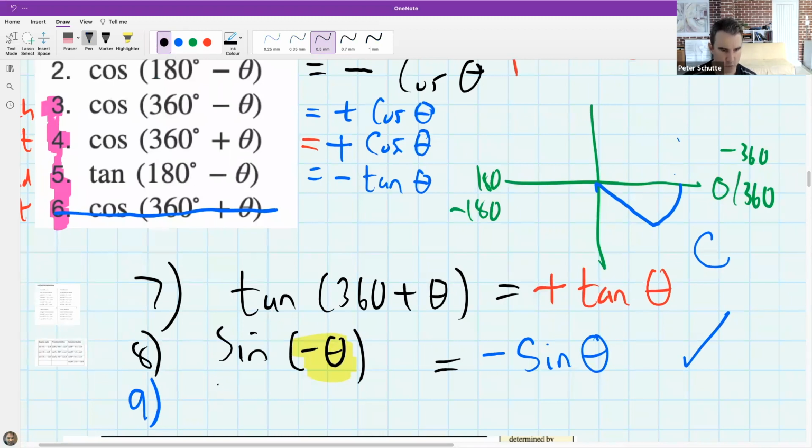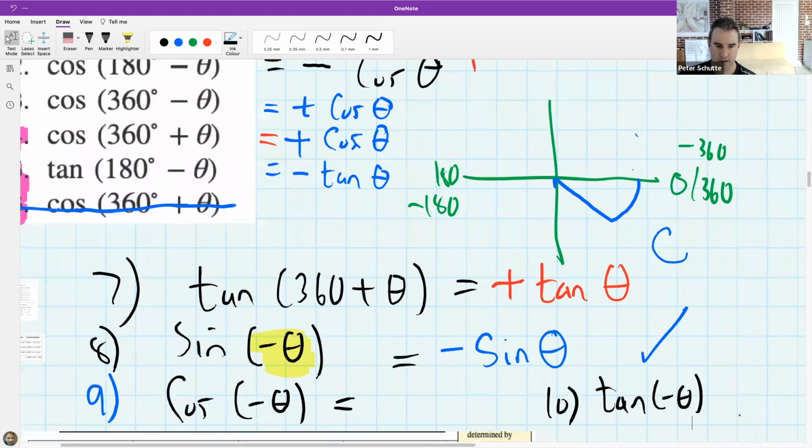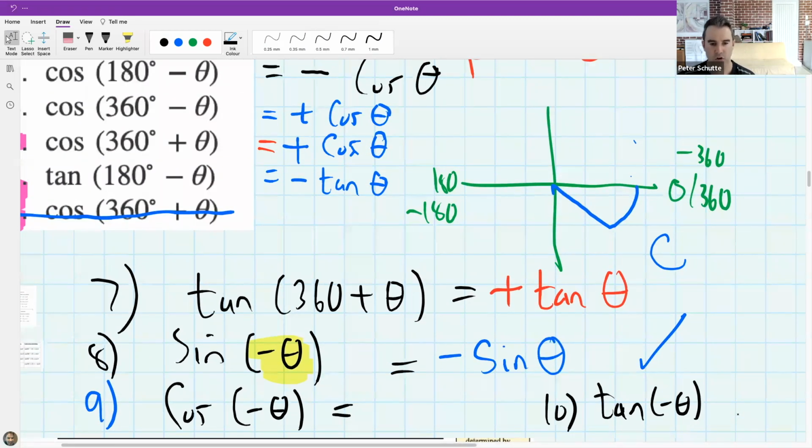Let's do 2 more. What is the cos of minus theta? And for number 10, what is the tan of minus theta? See if you can answer those 2 using the patterns that I've showed you so far.